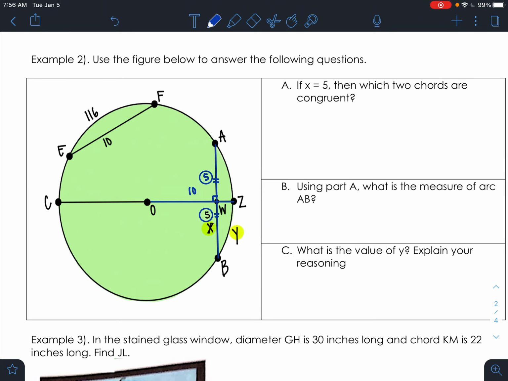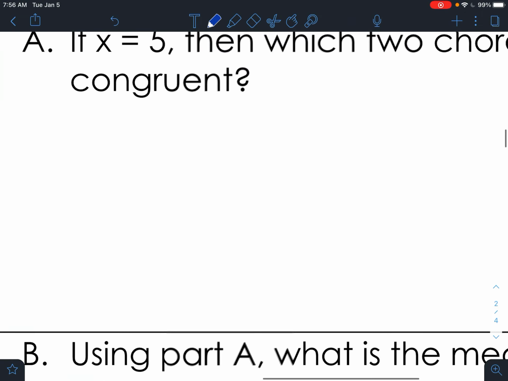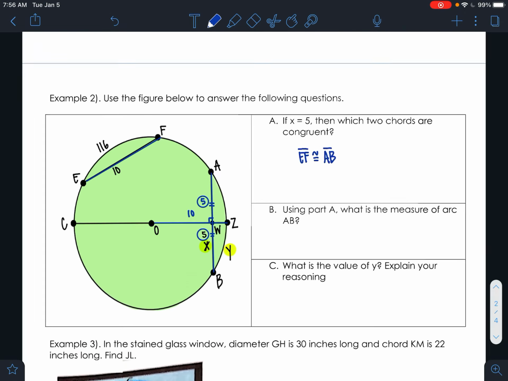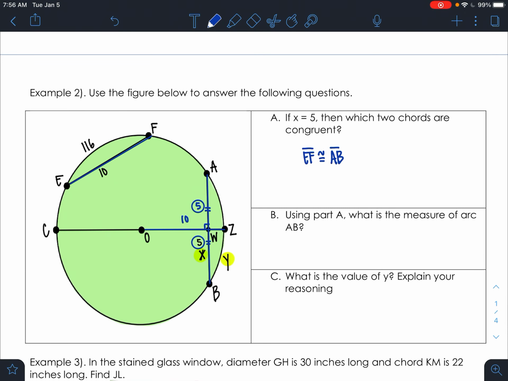And so the question is asking us which two chords are congruent. Well, I'm also seeing right here that EF is also 10. So I know that chord EF is congruent to chord AB. I think it's AB. Yep.